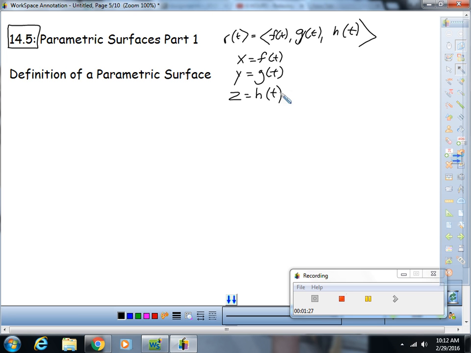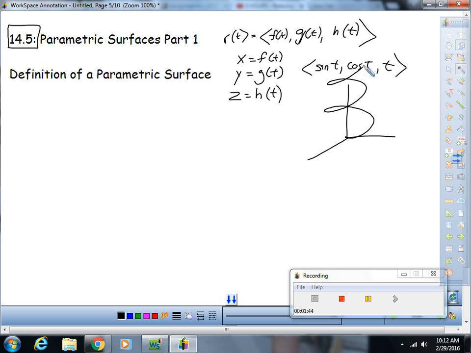Remember, the most famous one was probably sine t, cosine t, t, and that gave us half of our double helix. Okay, hopefully you remember that.